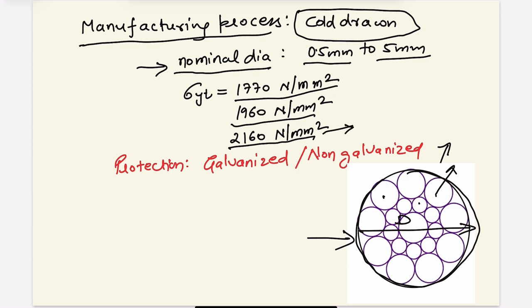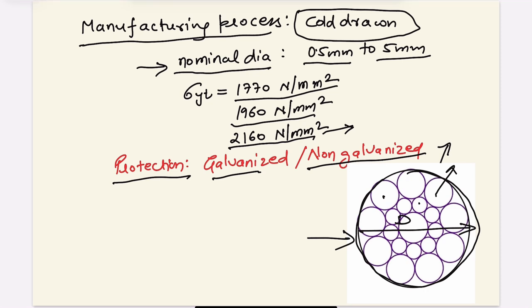If the tensile strength increases, the diameter of the wire also increases. So based on the criteria of tensile strength and flexibility, a particular construction is selected. There is also protection of galvanized or non-galvanized type; galvanizing protects from rusting. So this is clear.